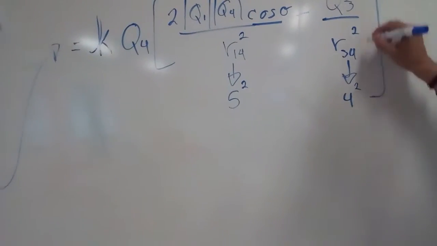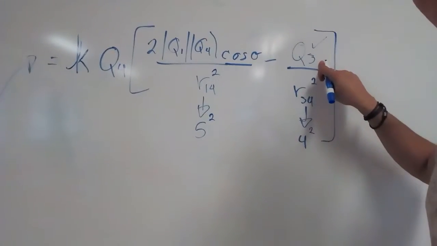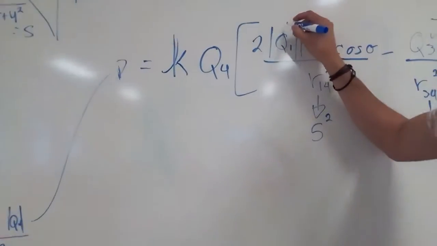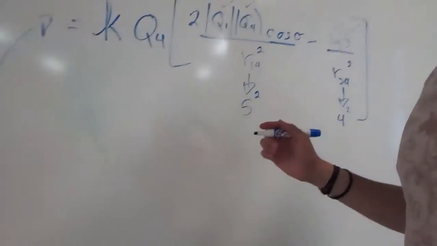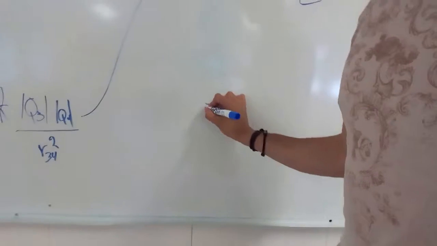Once we have this, we have the value of the charge 3, the value of charge 1 and the value of charge 4. So I'm going to write here how it will end.